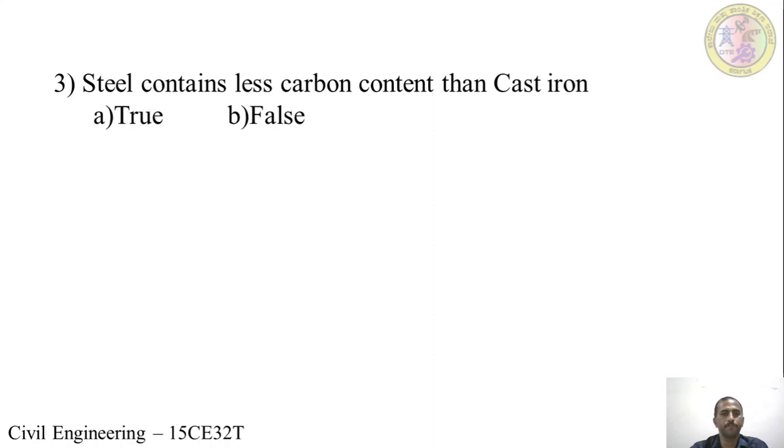Third question. Steel contains less carbon content than cast iron. A. True, B. False. The answer is true. Steel contains only 0.2% of carbon, whereas cast iron contains more than 2% of carbon.